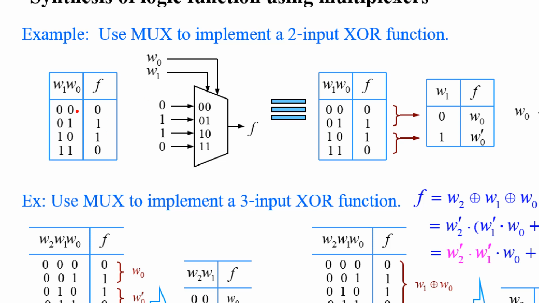From this table, when W1, W0 is 0, 0, the output that you want is 0. That means you must apply 0 at this position.